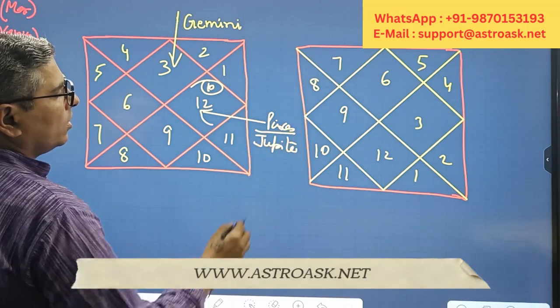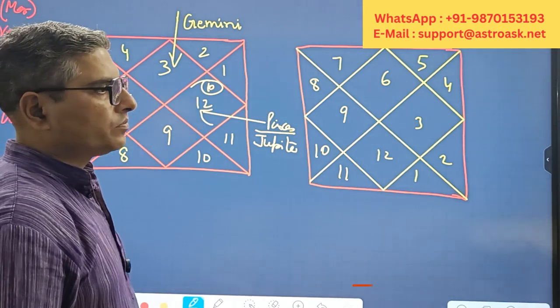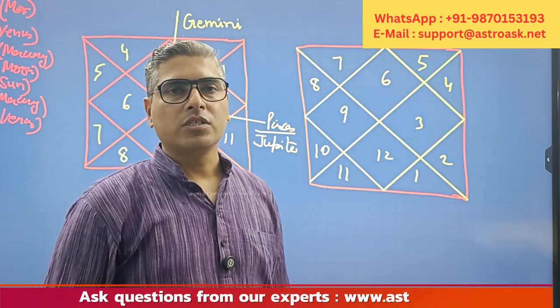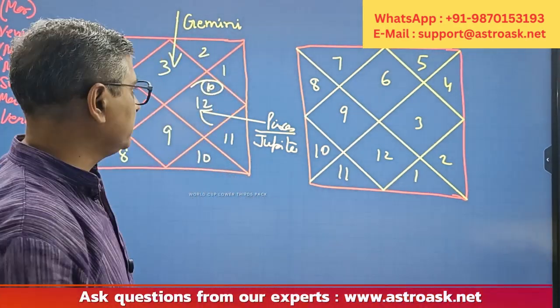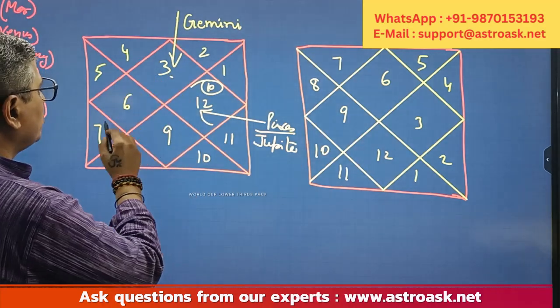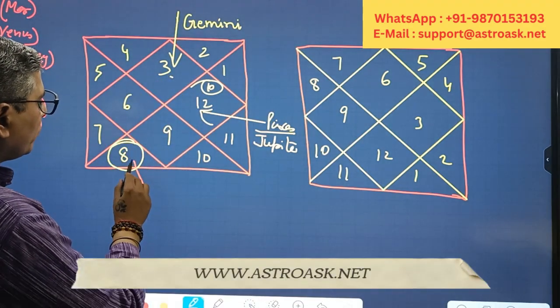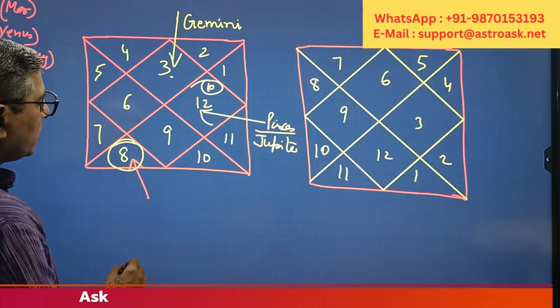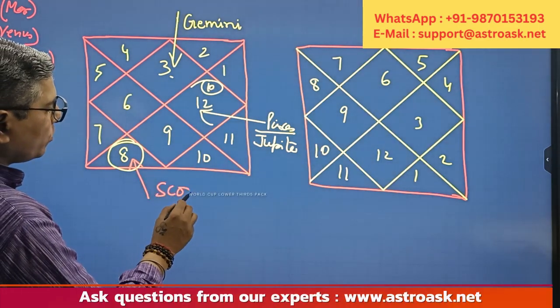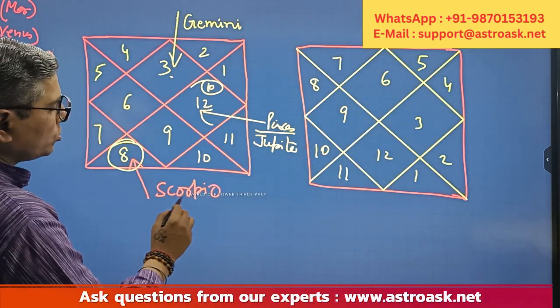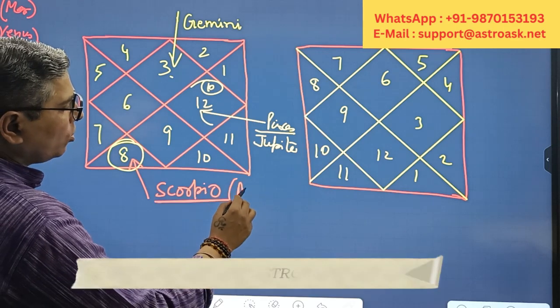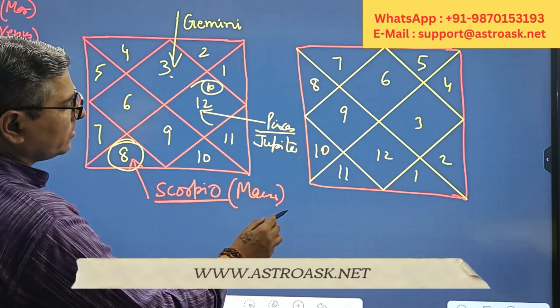If I ask you which is the 6th house and who is the lord of the 6th house, that 6th house is what? 1st, 2nd, 3rd, 4th, 5th, 6th. So the 6th house is this one, and the sign of this house is Scorpio. Number 8 belongs to Scorpio, and the lord is Mars here, right?